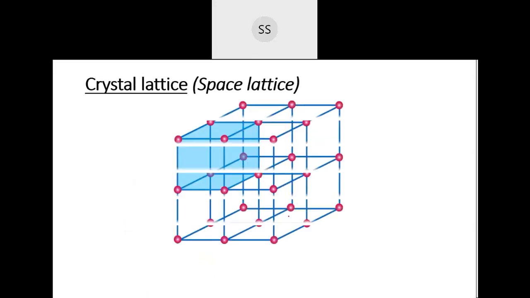Crystal lattice is nothing but a three-dimensional arrangement of points in space. If I take three different axes, that is x-axis, y-axis and z-axis, and I arrange these atoms one after the other, where you are able to get volume also, then such an arrangement is called a crystal lattice.